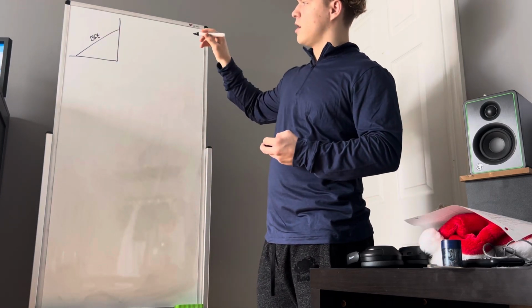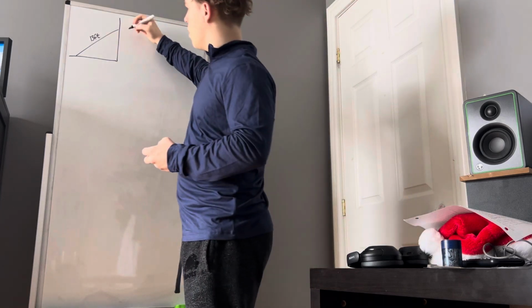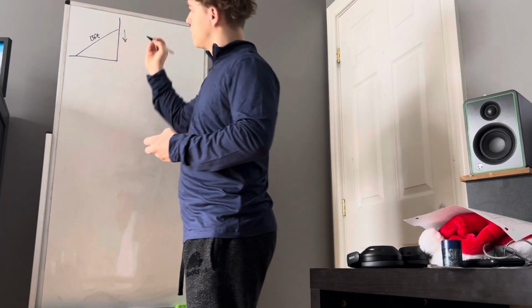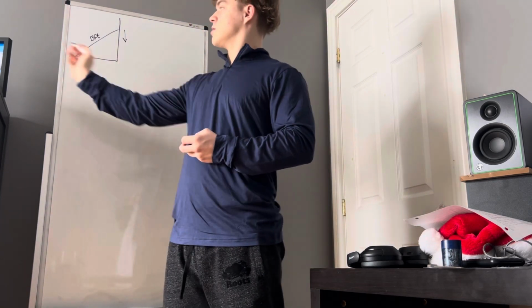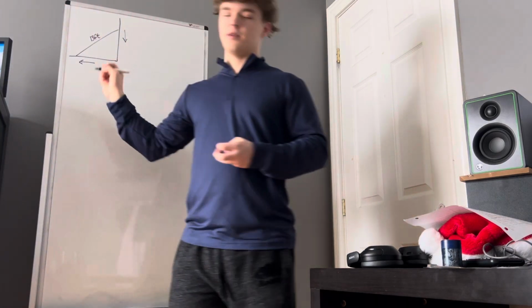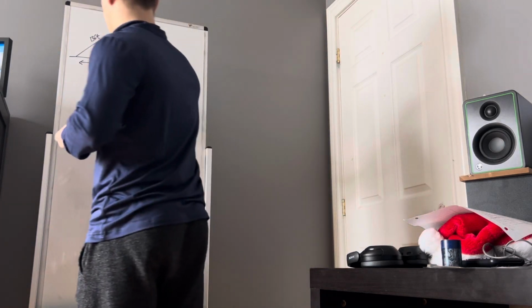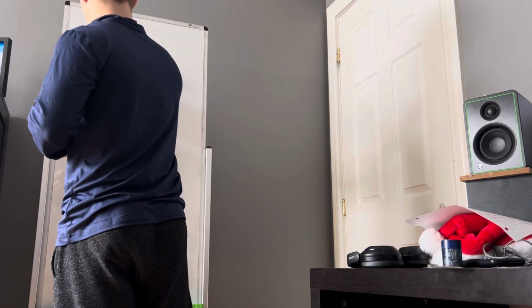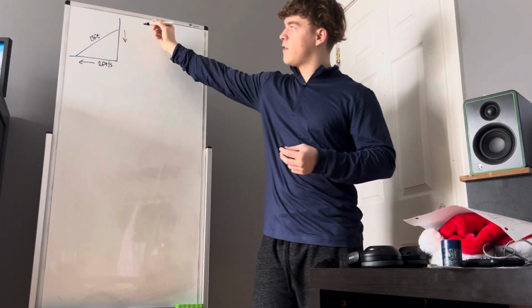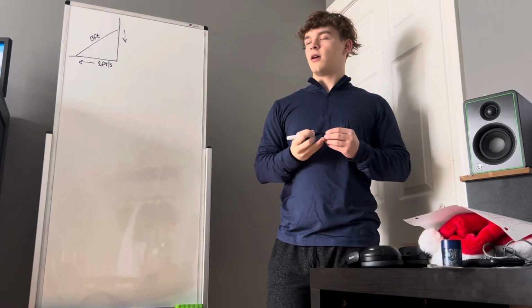But the ladder is sliding down the wall at some rate. But that means it's also sliding this way. And we know how it's sliding this way. It's 2 feet per second. And what we want to know is how fast is this changing?